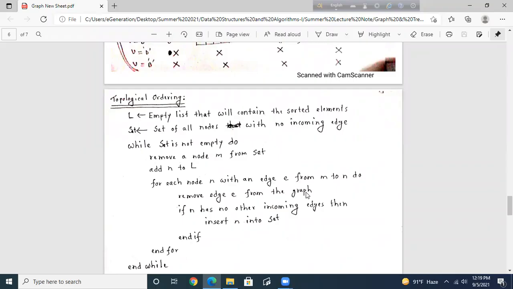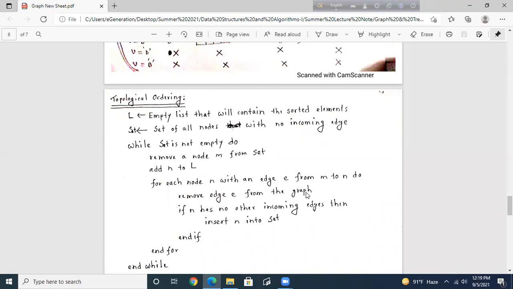At first you check whether that course has a prerequisite or not. If a course has a prerequisite, you have to complete the prerequisite course first.